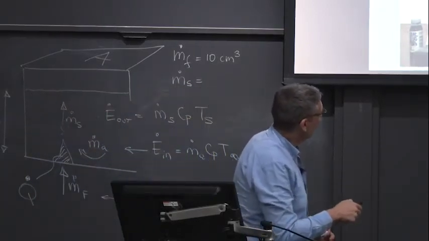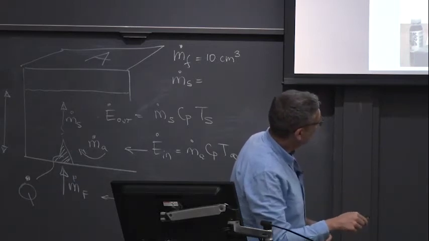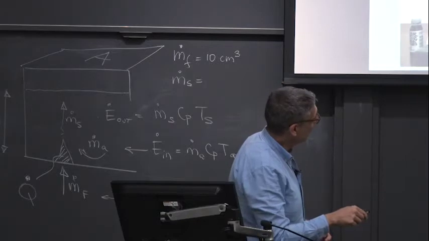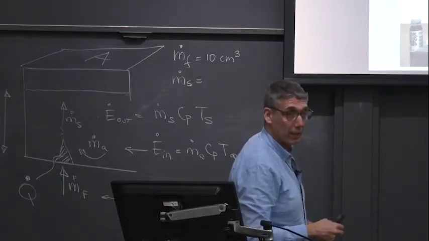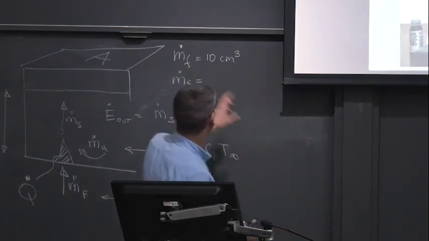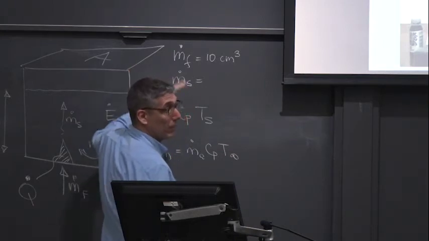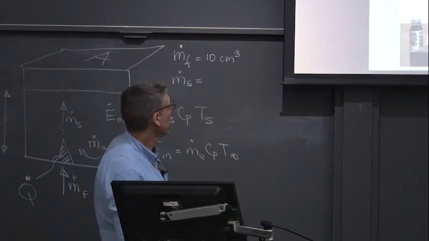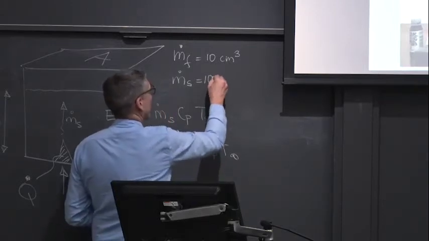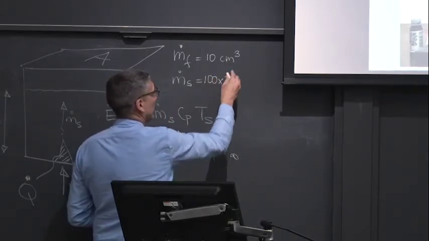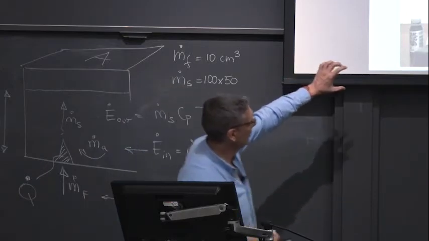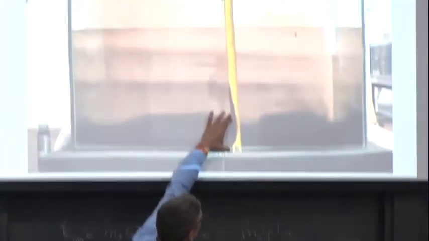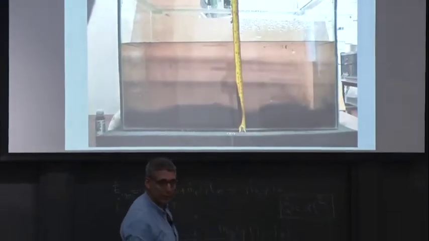So the tank is 100 centimeters in length, 50 centimeters in width. Okay? So my area will be 100 times 50, no? Is that okay? And my height, I have my little ruler here, measuring tape, is about 5 centimeters.